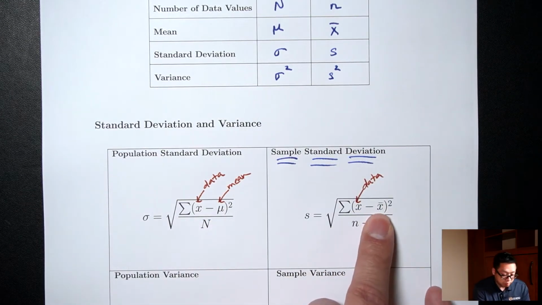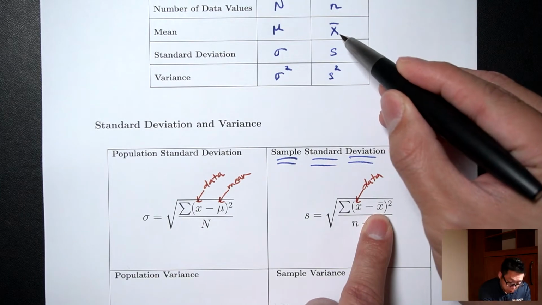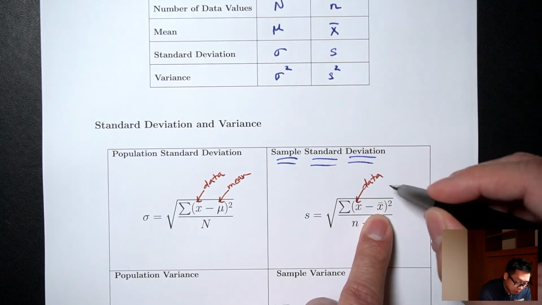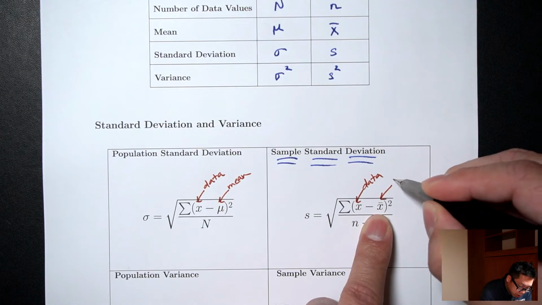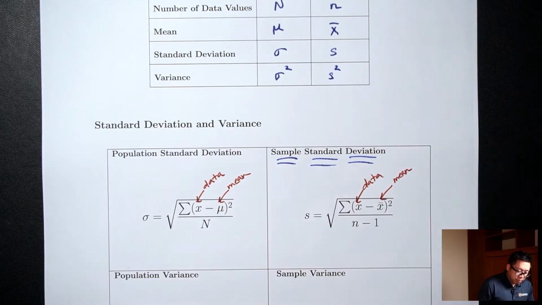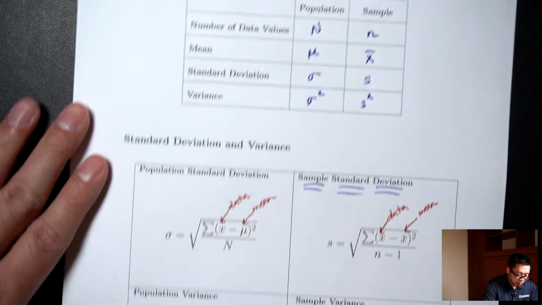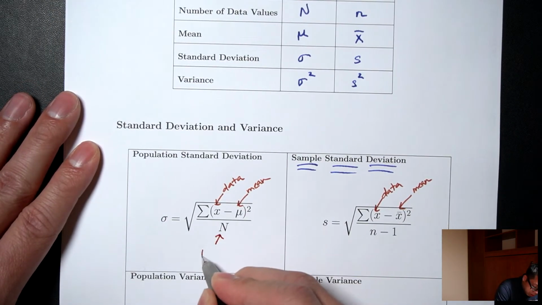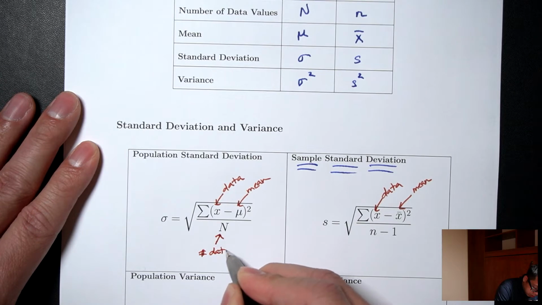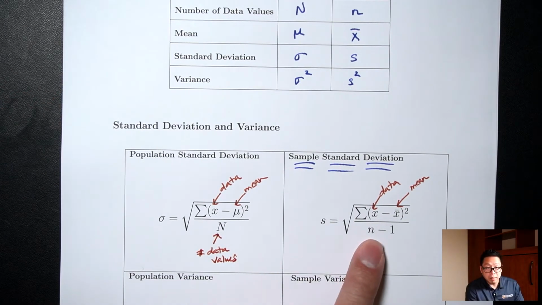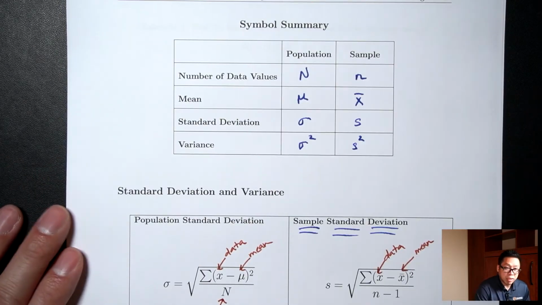This symbol, which is right here, is also the mean, but it's the sample version of the mean. This n, that's the number of data values. This n is the number of data values.